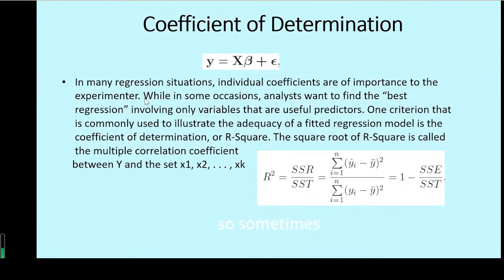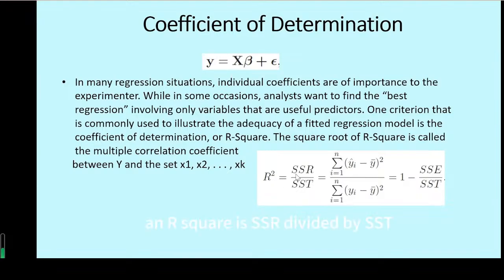Sometimes we only want to know what's the best model involving a couple of independent variables to estimate the response. In this case, the criterion for saying which model is the best is R square, the coefficient of determination.